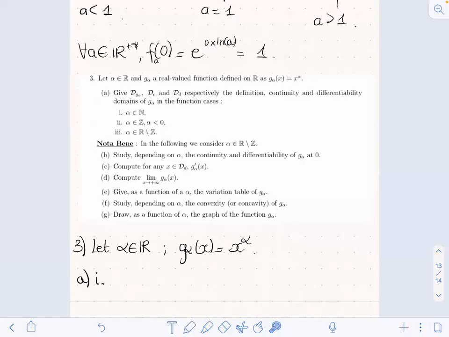So what happens to these functions when we have alpha in n, so a positive integer?